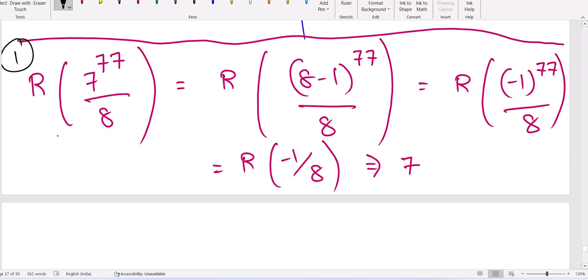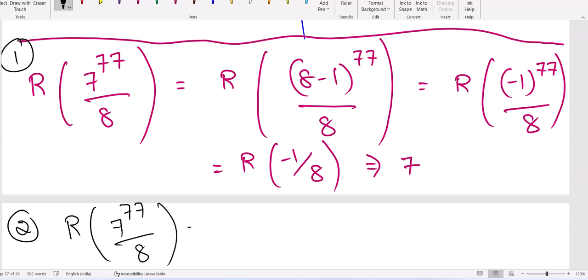Second method for the same question. Here one step ahead you have to think 7 power 77 divided by 8, right? Now 7 cannot be divided by 8. Then I should write that 7 power 77 in terms of 7 square or 7 cube like that. So which one to write? You have to think what is 7 square? 49. 49 divided by 8, remainder 1. 1 power anything will be 1.